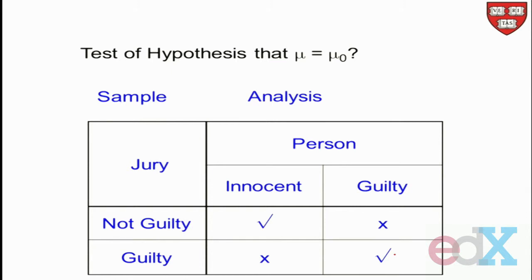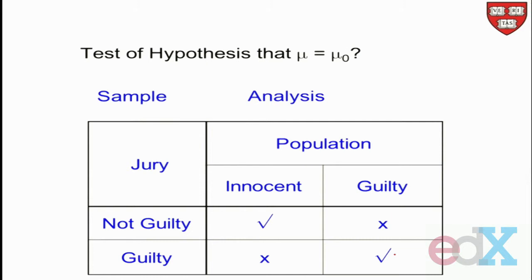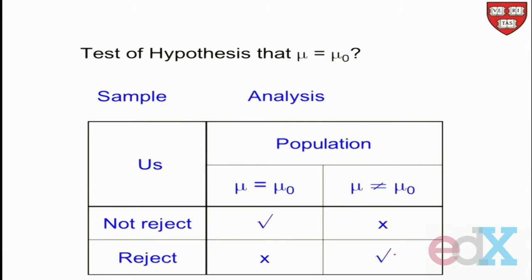So the person about whom this trial is all about is now the population. And either the mean of the population is a specified amount or it's not. Okay? We are the jury, and we're going to decide not to reject the null hypothesis, which is that mu is equal to mu naught, or reject the null hypothesis that mu is equal to mu naught.